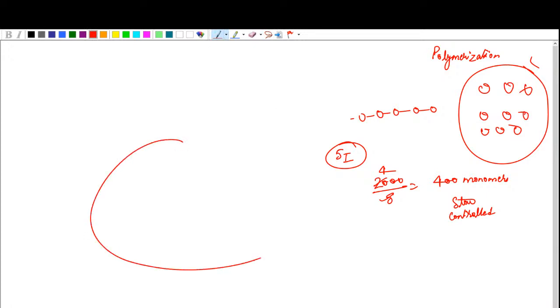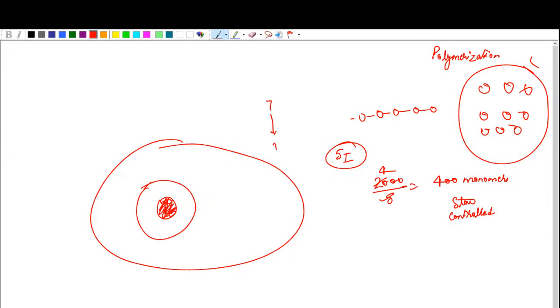So let's say here's a large cell, here's an endosome, and within this endosome there is a particle. Now the endosomes want to maintain a low pH, so they start with a pH of 7 and it progressively drops all the way to 3 or 4. That happens because more and more H plus ions are being pumped in, and these H plus ions, when they are present in the endosomes, are responsible for the lower pH there.